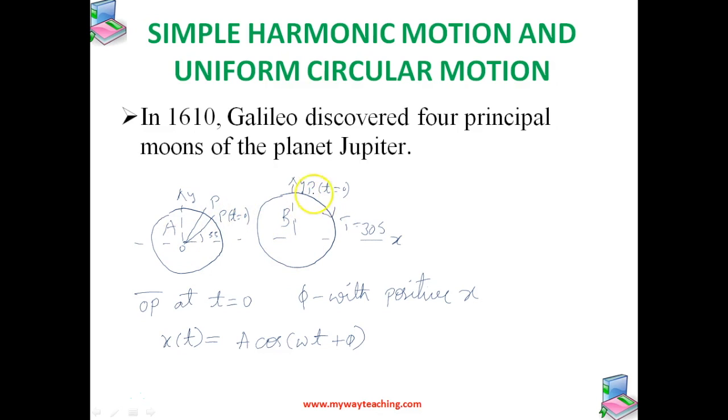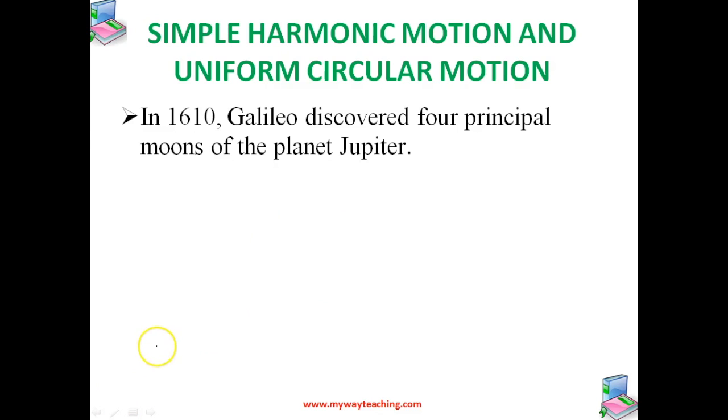In that case, the displacement of P dash on the y-axis is given by a sine omega t, and this is also simple harmonic motion of the same amplitude as the projection on the x-axis, but differing by a phase of 90 degrees.